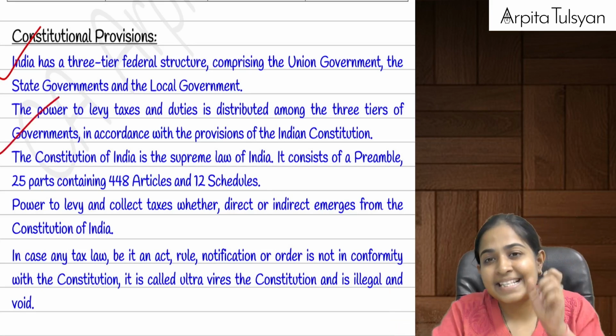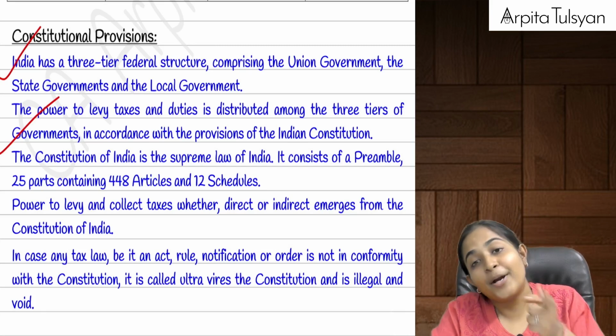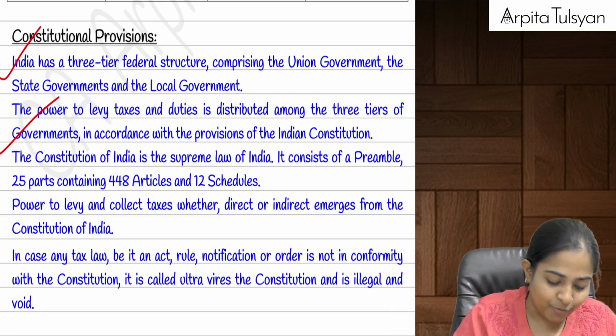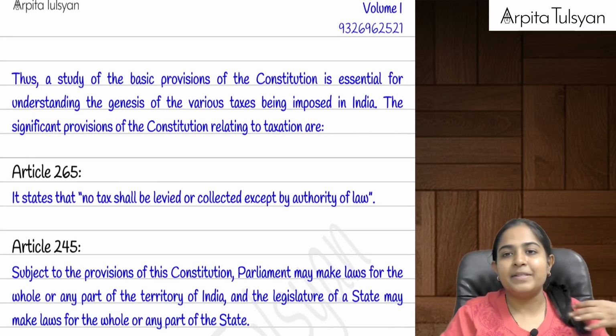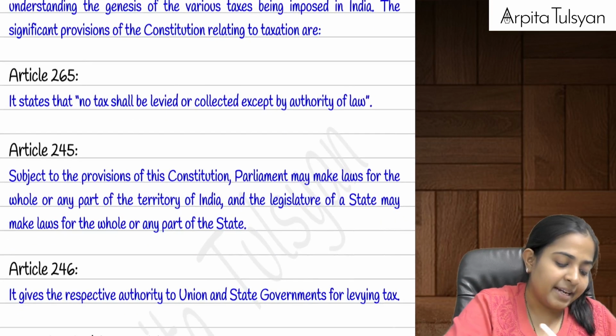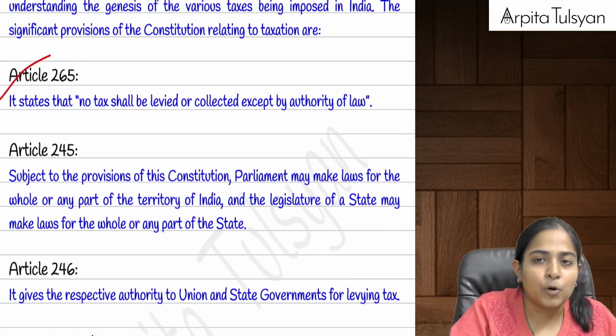But the same tax was not allowed to be collected by two of them together, because of which we had to do this constitutional amendment under GST. Because in the case of GST, the same GST can be collected by the center as well as the state.